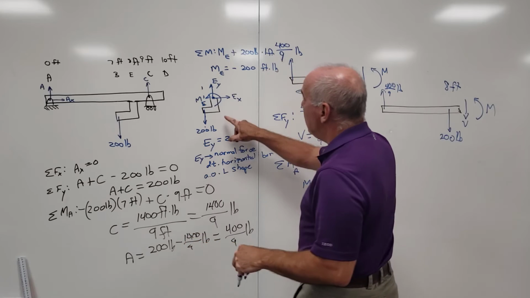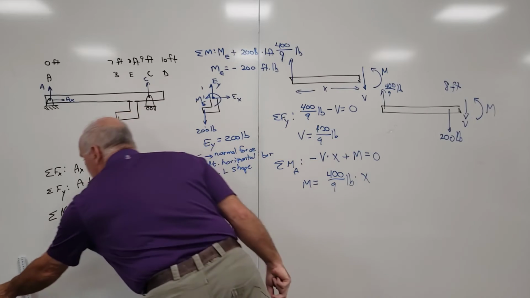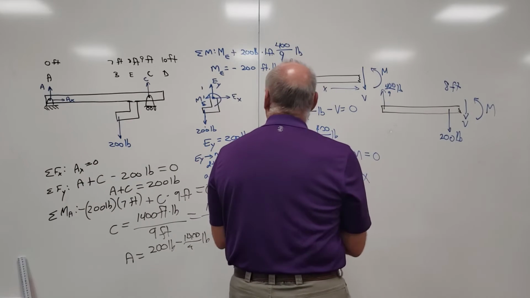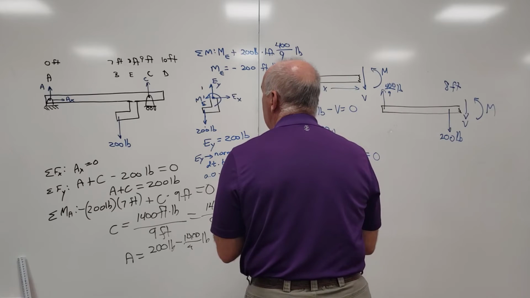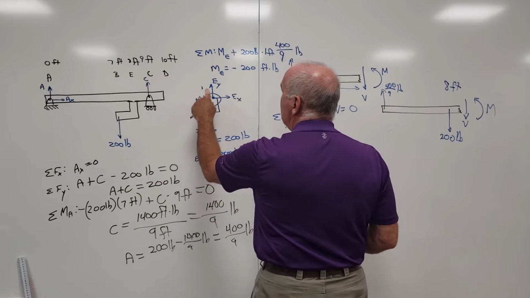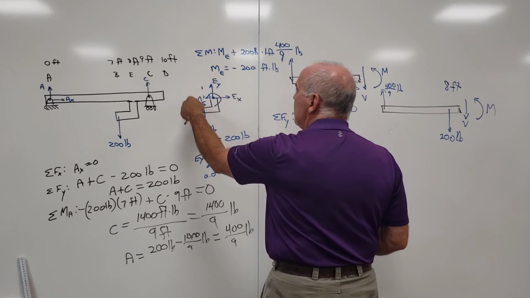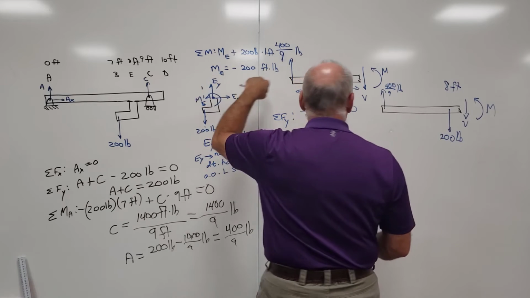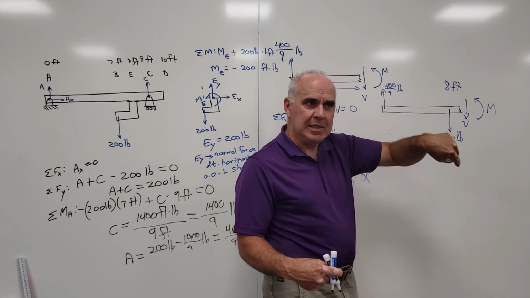Oh, no. Then there is m sub e. So there's a moment now. Let me go back to purple. There's a moment of 200 foot-pounds, and m sub e is negative, right? M sub e is clockwise. And so that's the moment caused by the horizontal bar acting on the L shape.